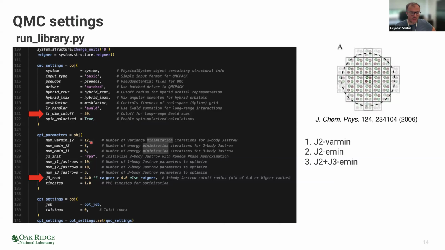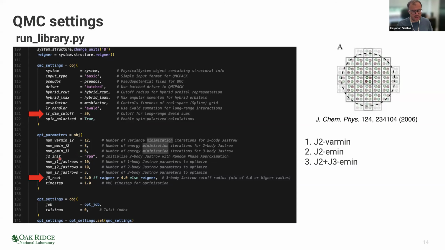So some of the optimization parameters, as I explained previously: we do J2 and J3 optimizations sequentially. The J2 optimization combines two steps, where first there's a variance minimization and then energy minimization on the parameters that were optimized from the variance minimization. And after that, we do a J3 optimization on top of the optimized J2 parameters.